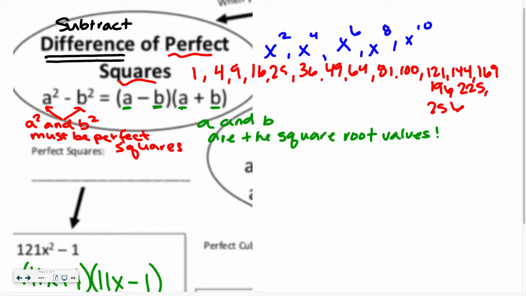So I could really take a 2 out of this one, which would be 2x minus 1, and a 2 out of the other factor, which would be 2 times 2x plus 1, and then 2 times 2 would really be 4. So 4 times 2x minus 1 and times 2x plus 1, not another 4.